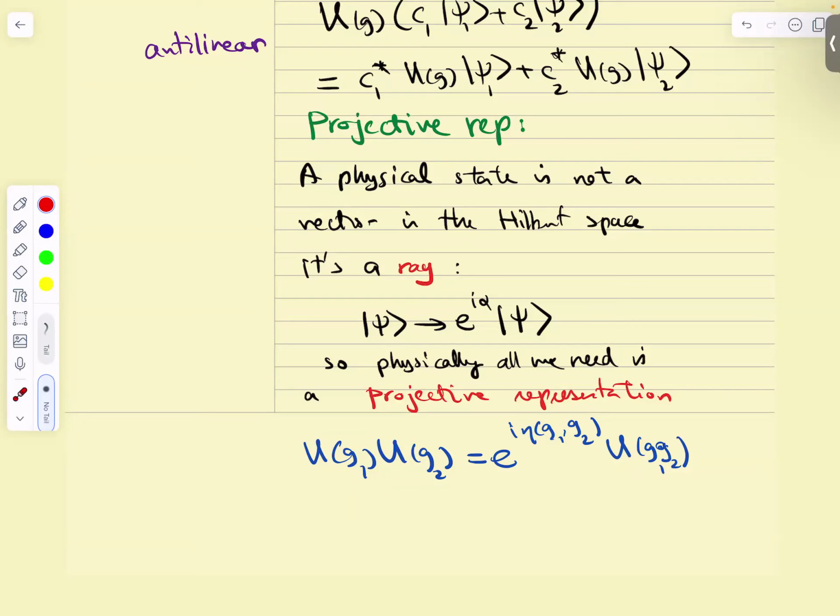Do you guys know any consequence of that? What is the example you have in physics of a particle that when you go around by 2 pi doesn't come back to itself? Spinors. That's literally why spinors exist. If we insist on representations and not projective representations, there would be no spinors in nature. Okay? So we'll come back to this.